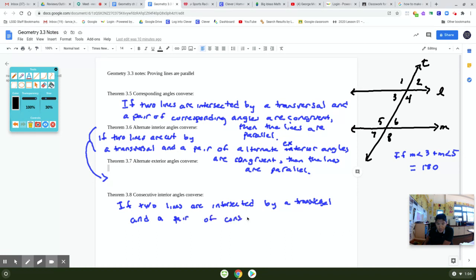Or again, you could also refer to them as same side interior. It's the same thing. But note that they have to be supplementary or add to 180.